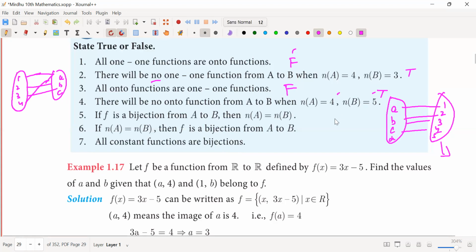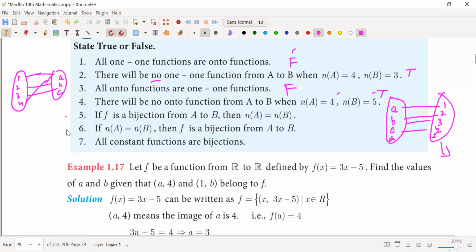Is it a one-to-one onto function? How can we say it is a one-to-one onto function? Because each element will match? They didn't give such things. Each element is matching, having a unique image. They didn't say that at all.